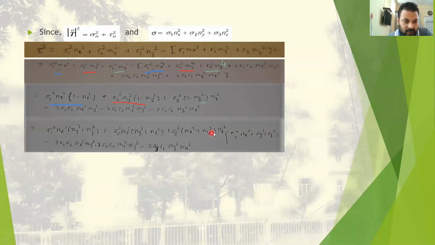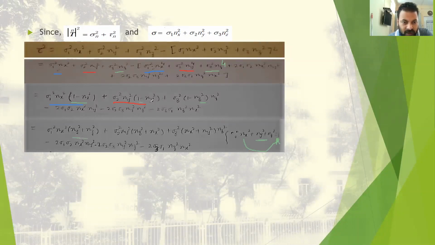Now in the next step, this nx square has been taken common in the previous step, and since nx square plus ny square plus nz square is equal to 1, 1 minus nx square can be written as ny square plus nz square, that is written here.